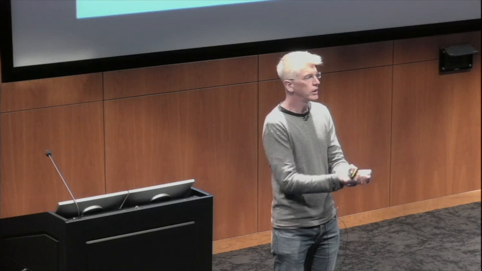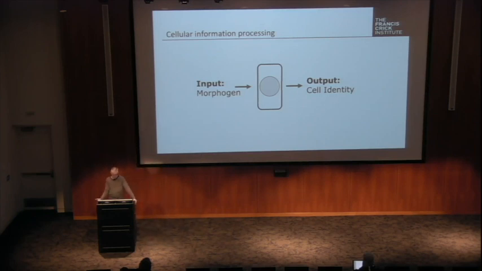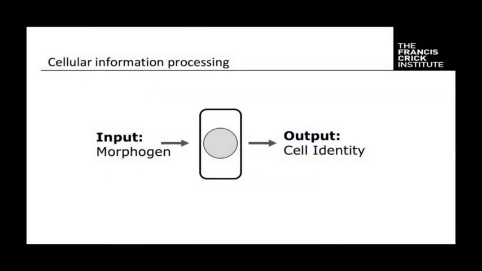This becomes an information processing problem. The cell is receiving some input, that morphogen signal, and it has to use that information to adopt the right cell identity, to express the right genes, to become the right cell fate. So how does that work?